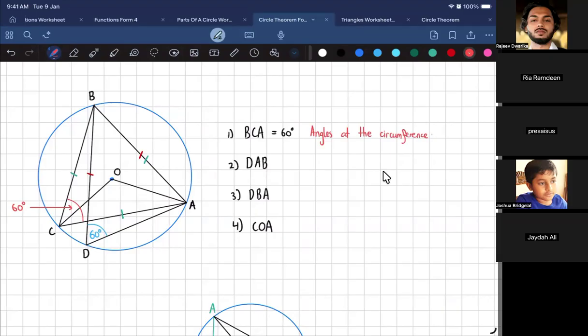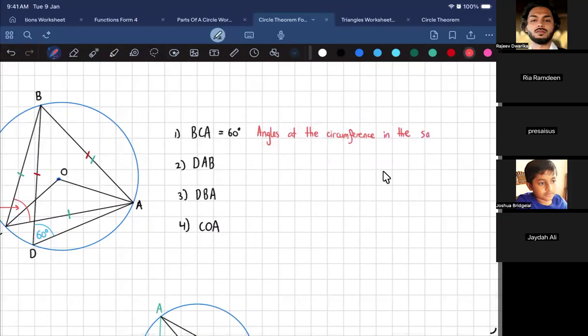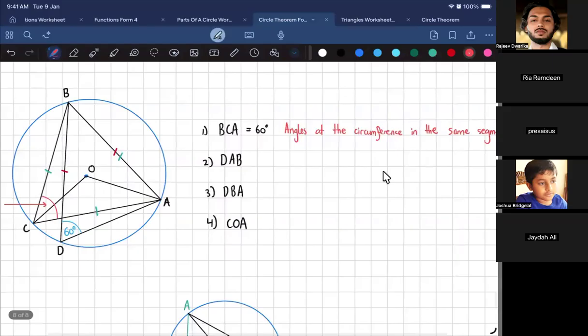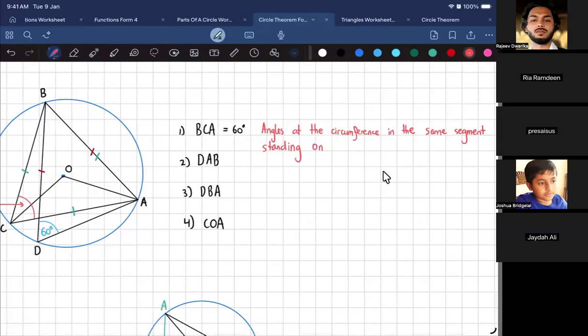Angles at the circumference in the same segment, they must be in the same segment, and they must be standing on the same arc or chord, are equal.